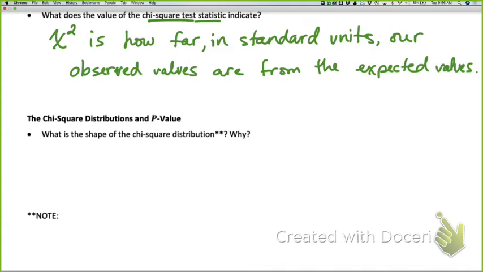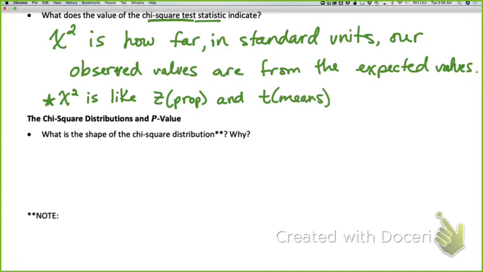Just like the T and the Z test statistic. Chi-squared is like Z, that's for proportions, and T, which is for means. The difference here is that Z and T work for a single or for two populations, comparing two different populations. Chi-squared works for a whole distribution. So I can test a whole distribution at one time.